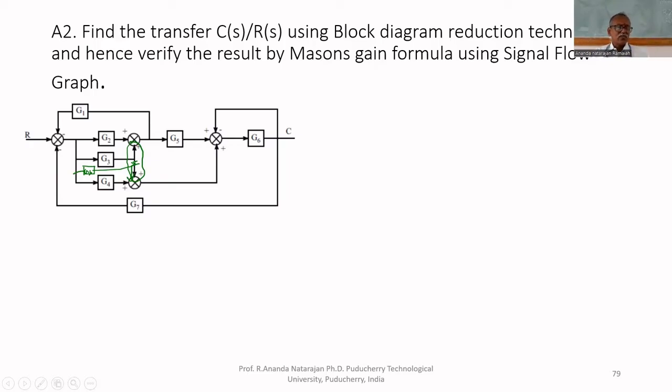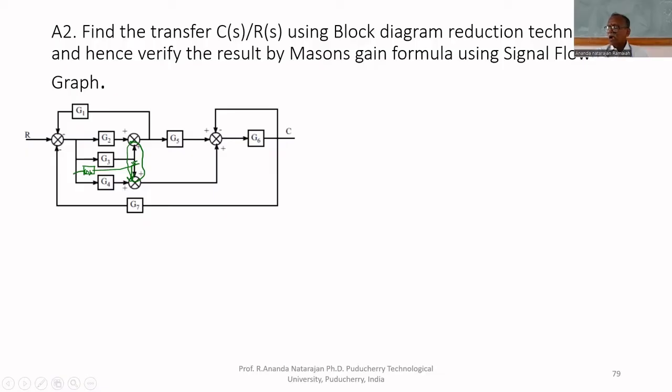G2, G3 are parallel, G3, G4 are also parallel. That is the critical part in this sum. G2, G3 are parallel, G3, G4 are parallel, but G2, G3, G4 are not all parallel.